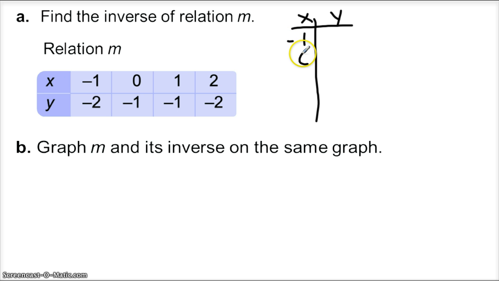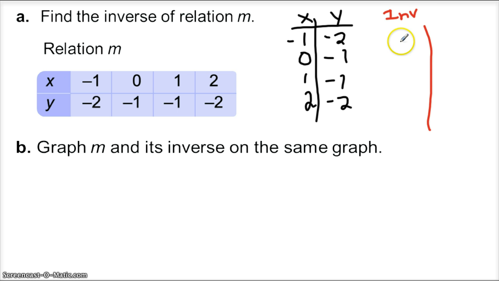We've got -1, 0, 1, 2. For -1, y is -2. For 0, it's -1, for 1, -1, for 2, -2. Okay, so now my inverse is going to be -2, -1, -1, -2.